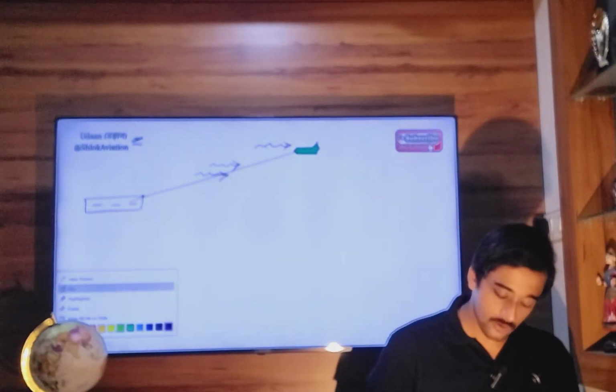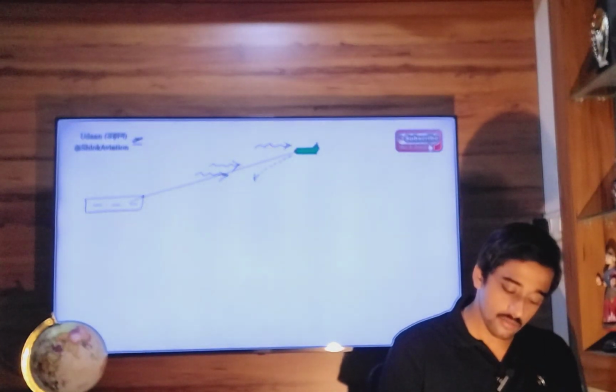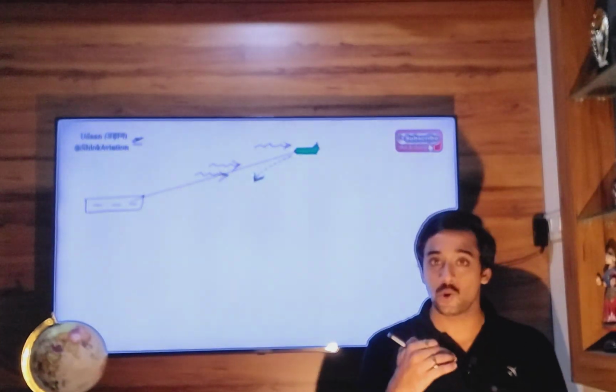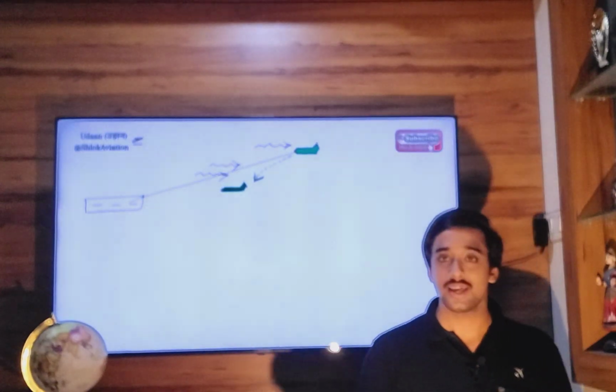What will happen to your aircraft position? It will end up being somewhere below the glide slope, somewhere here. The rate of descent of your aircraft will increase.